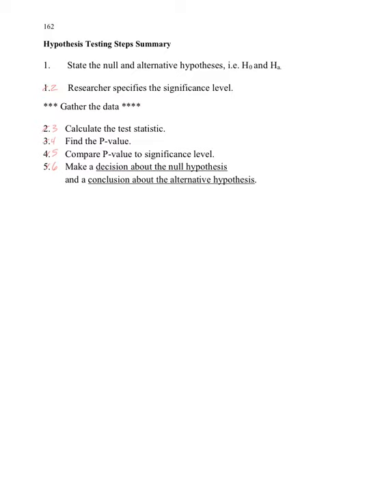Once you found the p-value, compare that p-value to the significance level, and then after making that comparison, make a decision about the null hypothesis and a conclusion about the alternative hypothesis. So this is just everything on one page, to make it easier for you to refer to.